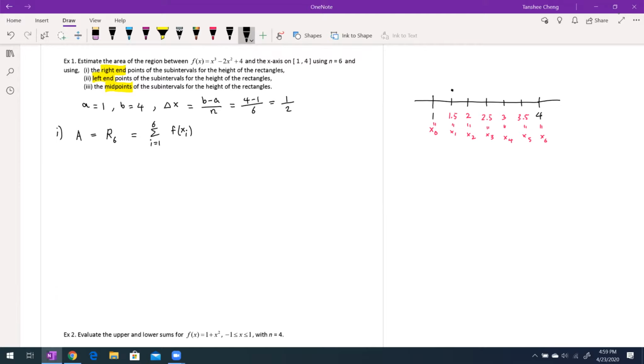So right away, when i is 1, we will be evaluating at x sub 1, which is the right endpoint that we want, times the delta x.